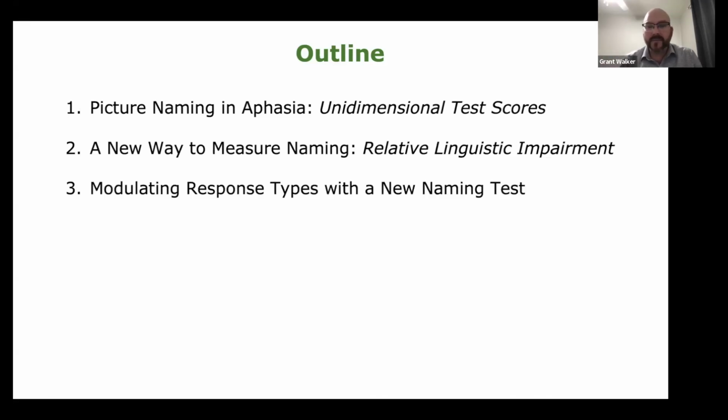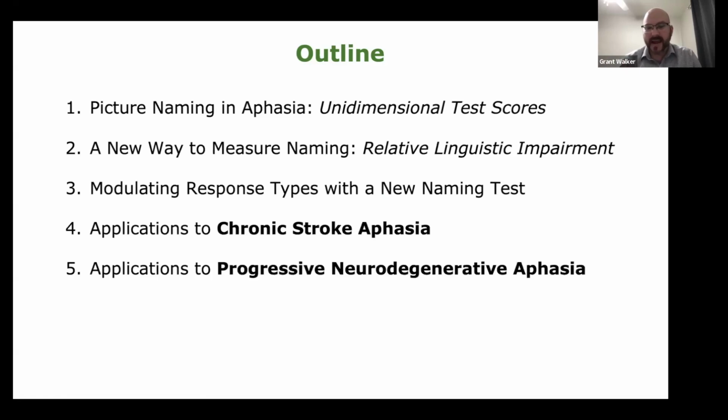And then we'll look at how we can take advantage of this by modulating response types with a new naming test that we came up with. We'll look at chronic stroke aphasia and progressive neurodegenerative aphasia and how these tests have worked out so far in those cohorts, and hopefully take away some useful conclusions.